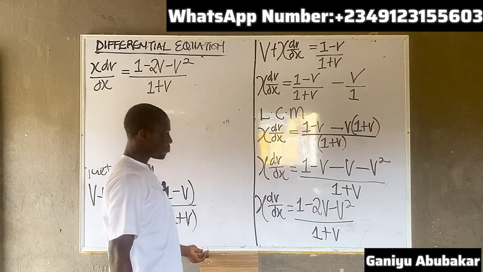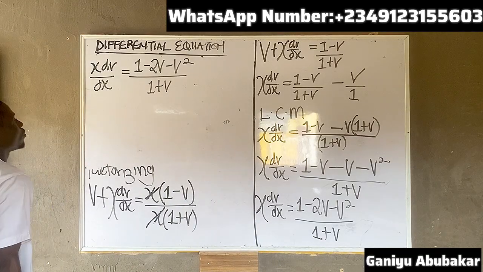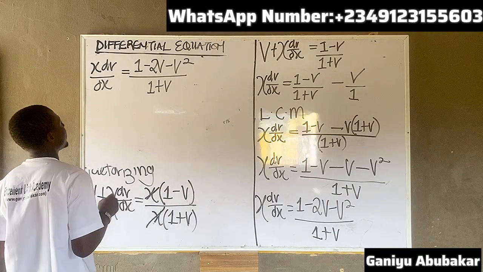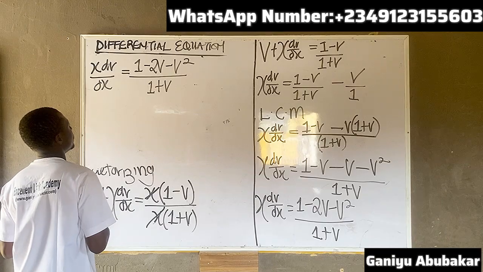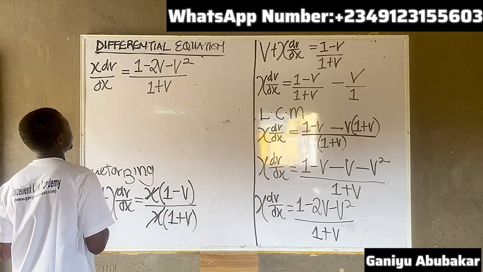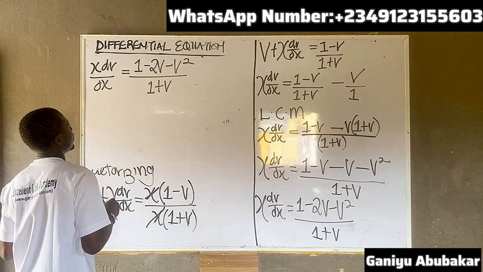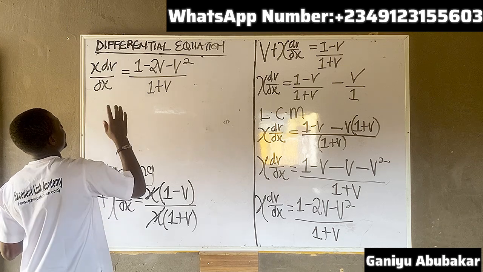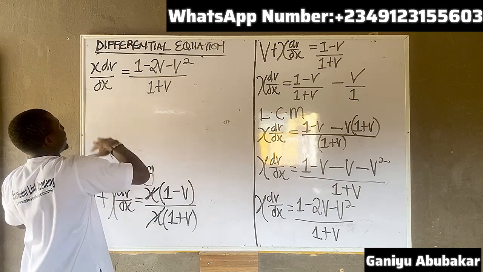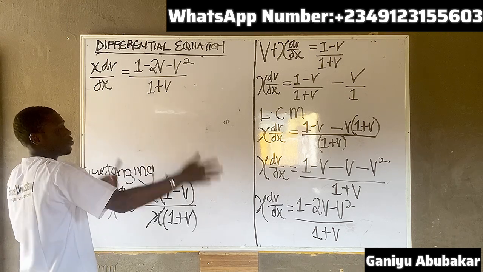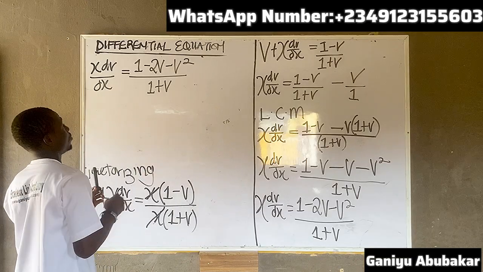Proceeding from here, my task now is to make sure that the x and dx are together, while the v and dv are together. So that's variable separation.